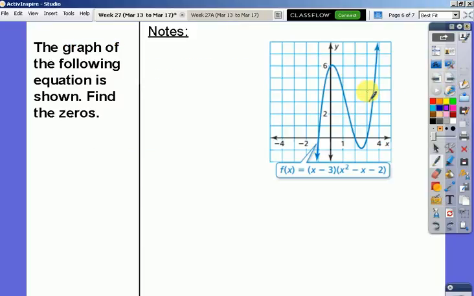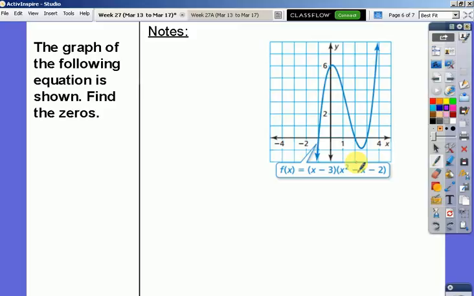Okay, this isn't a quadratic equation. This is a cubic graph. It crosses the x-axis 3 times. It has 3 roots. The graph of the following equation is shown. Find the zeros. Zeros and roots are the same thing. So there are 3 different ways we can express the same bit of information that you need to be aware of.